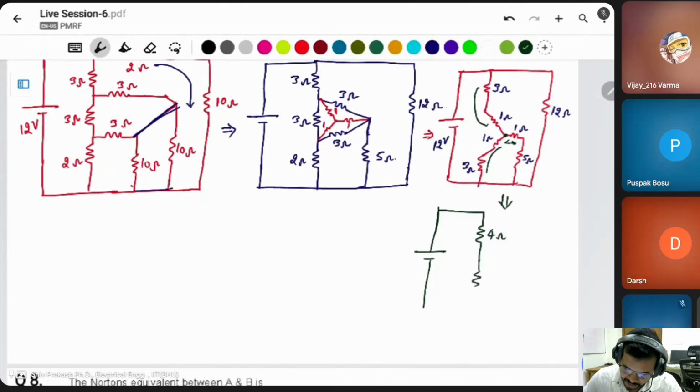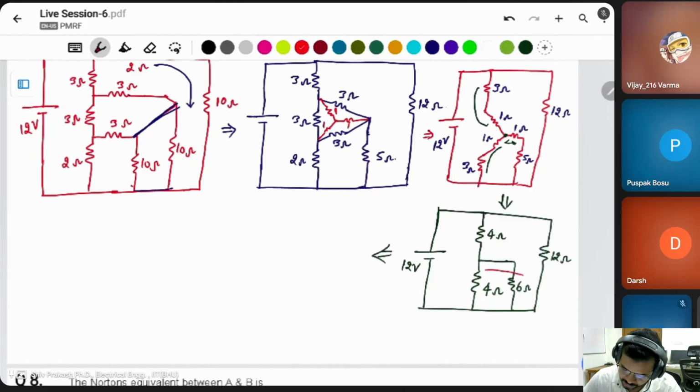Then, in the next circuit diagram, if we add the two in series, the summation is 12 ohm.